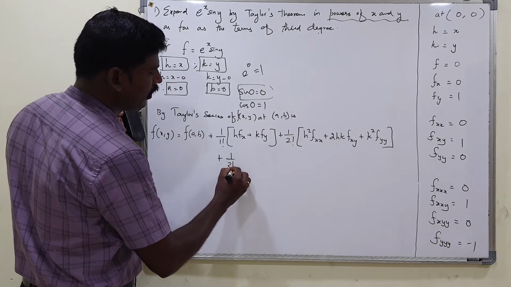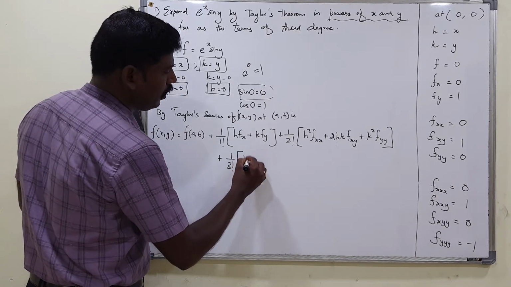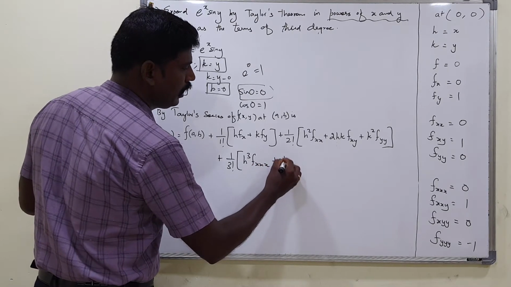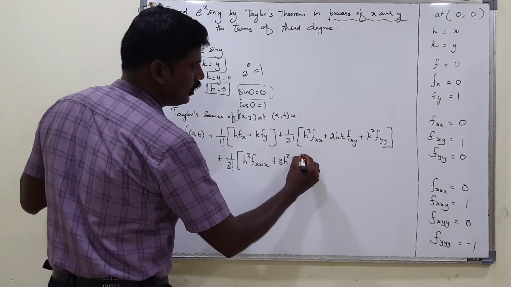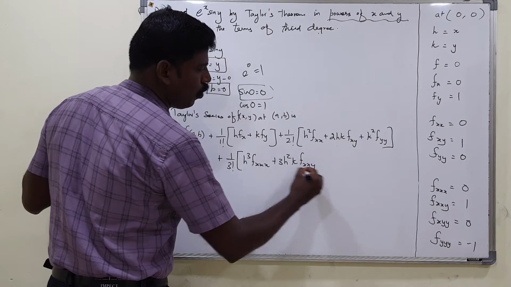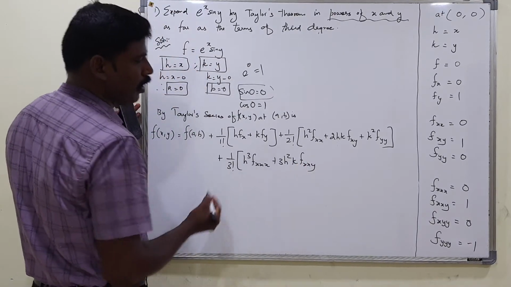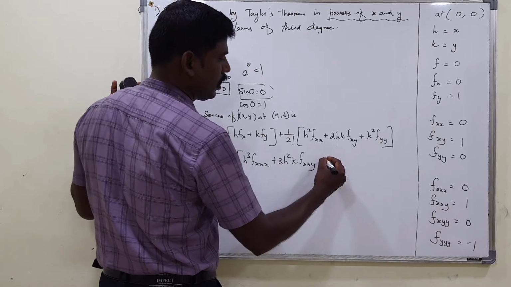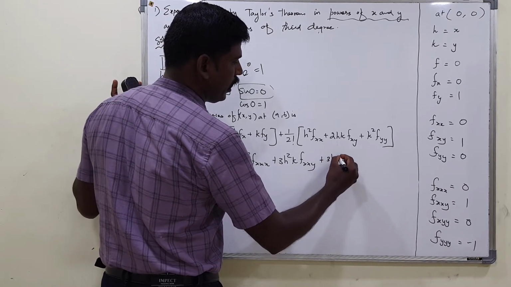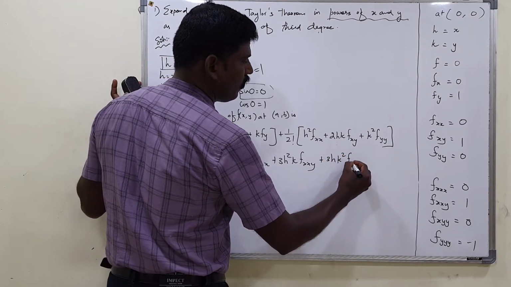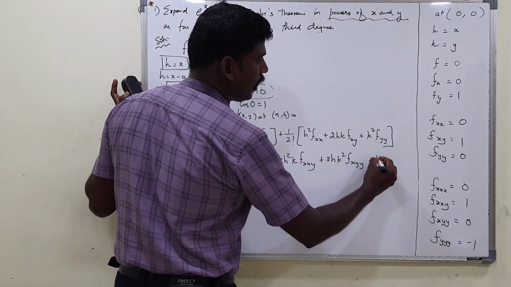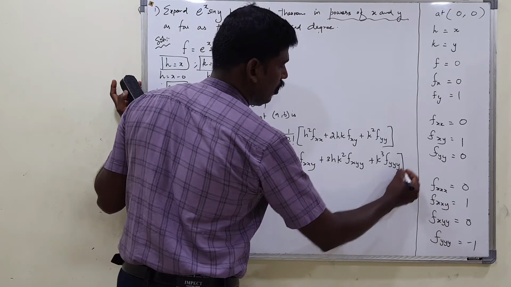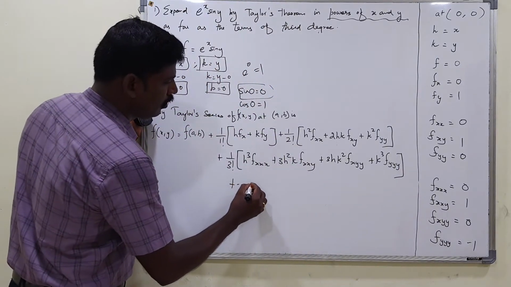1 by 3 factorial into h cube into f triple x plus 3h square k into f double x y, replace x by y from the last, plus 3hk square into f x double y plus k cube into f triple y, plus dot dot dot.